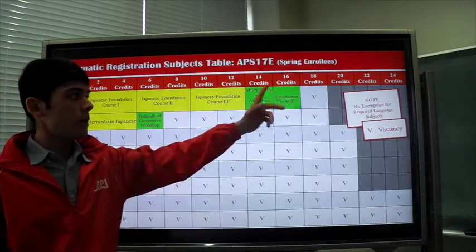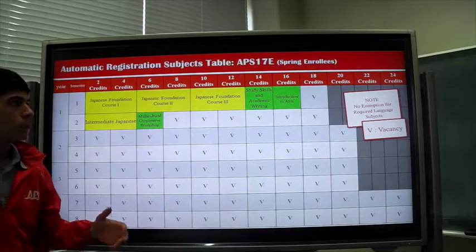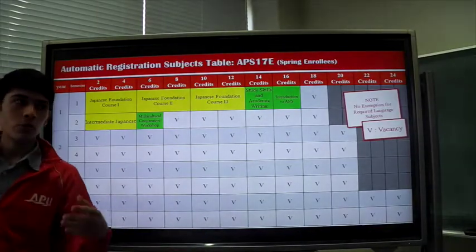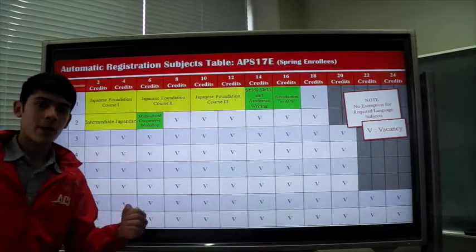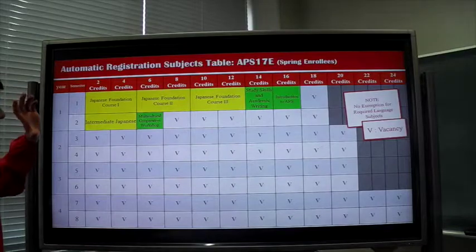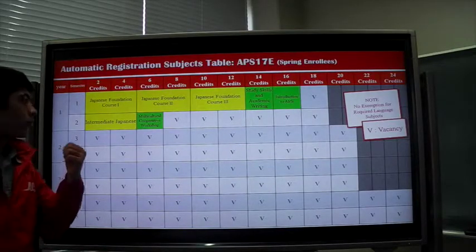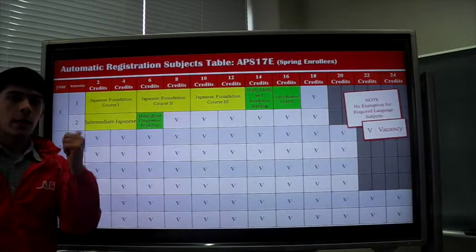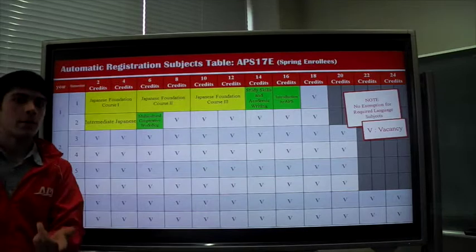However, there is one V, which means one subject you can choose if you want. However, it's not compulsory. If you don't like it, you don't need to choose. Just have more free time and enjoy your life. However, in the second semester you have one intermediate Japanese course automatically registered and the multicultural cooperative workshop, a first year seminar subject.